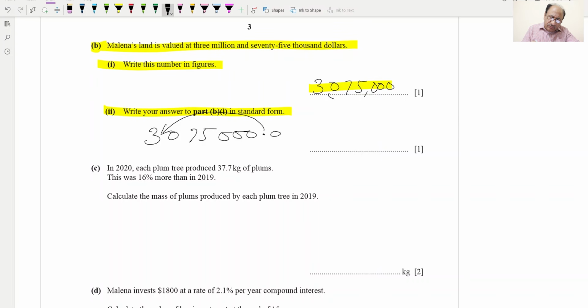So how many jumps will we take? We'll take 1 2 3 4 5 and 6 jumps. So it will be 3.075 times 10 raised to the power 6. If the jumps are to the left, then the power will be positive. If the jumps are to the right, then it will be negative. So these both were 1 mark questions which we are done.